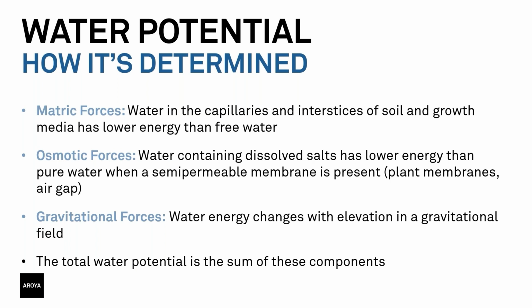Gravity plays an important role in determining the distribution of water in substrates like these. Finally, I'd make a point that the total water potential is the sum of the components. And so both the matrix and osmotic forces are important to the plant as it takes up water.